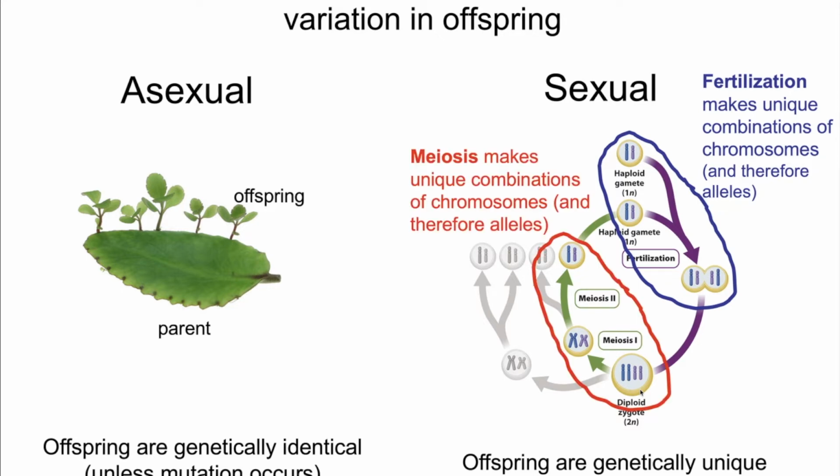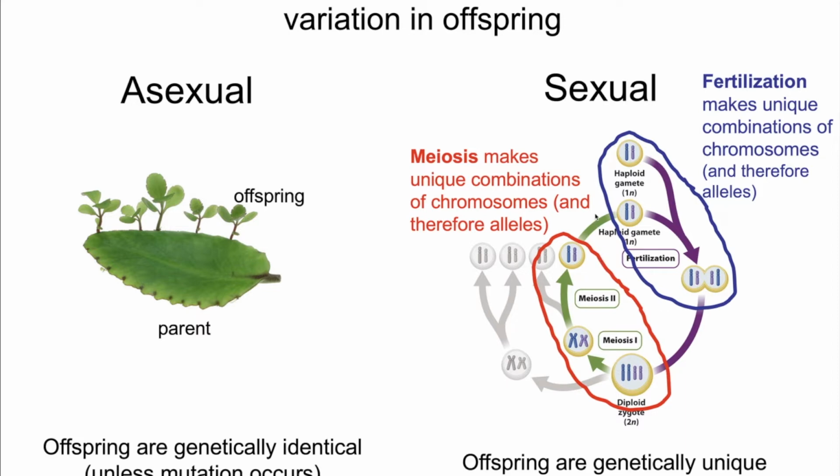Now, in addition, this process of meiosis can also make unique combinations of chromosomes and therefore alleles. And that results in new combinations of chromosomes in these haploid cells here that can ultimately result in new combinations of alleles and differences between parent cells and the offspring cells that are produced.